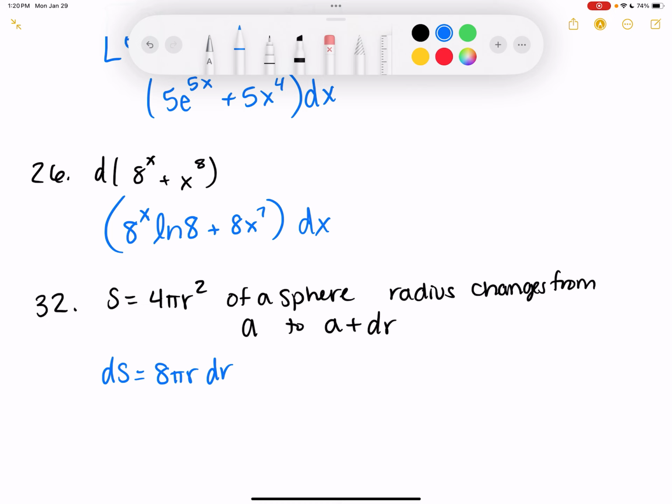Now, dr, they told us in the instructions, is changing from 10 to 10.05. So 10.05 minus 10 is 0.05 centimeters. So now we plug everything in. ds equals 8 pi times the radius, which is 10 because that's what it was originally, times dr, which is 0.05.